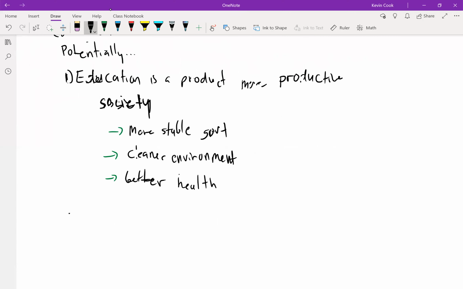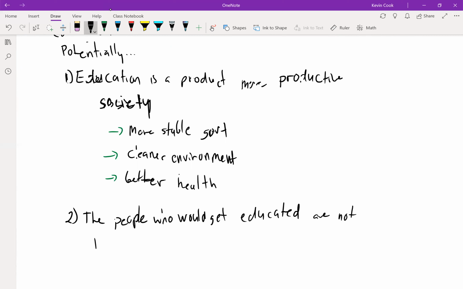And the second note that I'm going to point out is that the people who would get educated, and this is kind of going to follow that same line, the people who would go and get educated are not likely to commit crime.